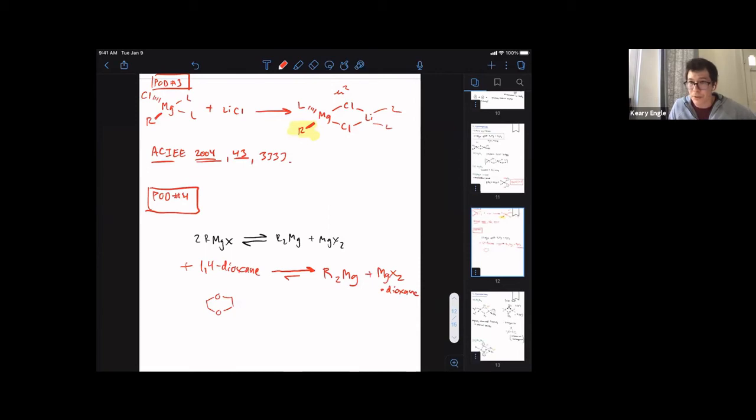And so you can challenge yourself to draw how this might look in 3 dimensions. But the key point is these are insoluble and they crash out of solution. Thus, by Le Chatelier's principle, as we pull this out of solution, now we force the equilibrium further in this direction. As we saw above, the diorganomagnesiums are highly reactive.